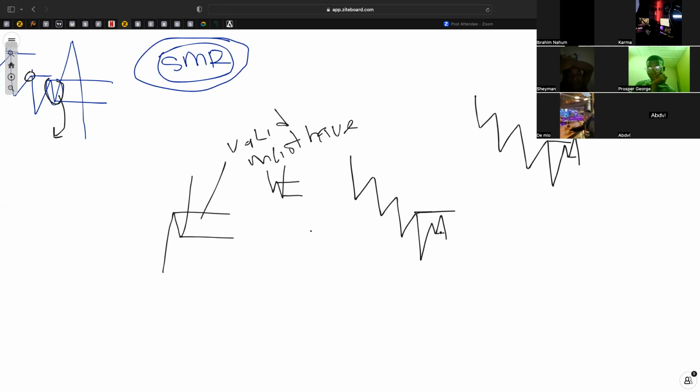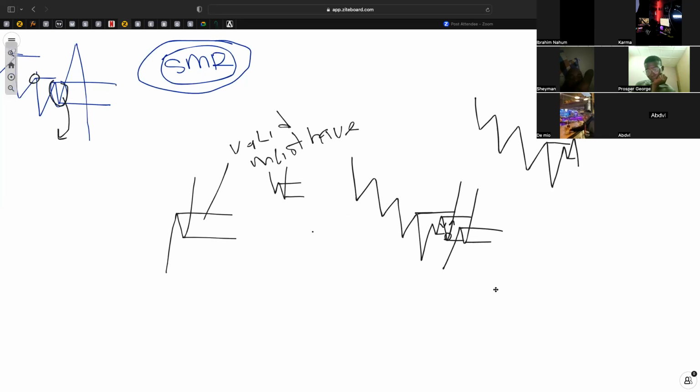It's still inside and it broke structure. What does this tell you? This tells you that this is a rally-base-rally, but the base, which is this, has a what? A drop, base, and a rally. Because that base is responsible for what? For a manipulation. So that is a valid base.